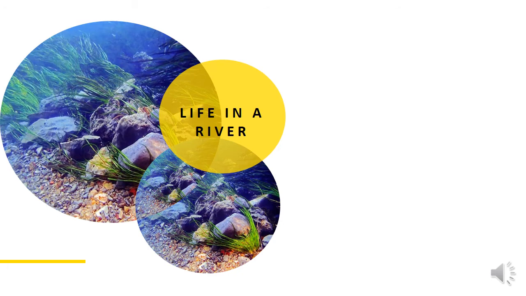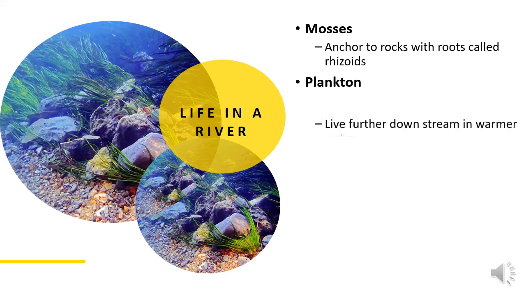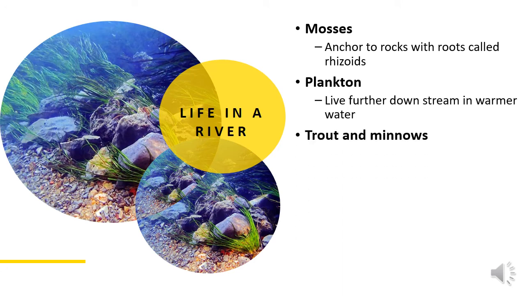There are organisms living in a river. Firstly are the mosses, which are rooted in rocks by structures called rhizoids. Second is the plankton, which live downstream in warmer water.